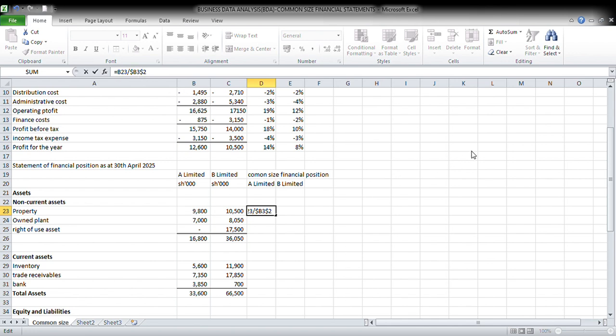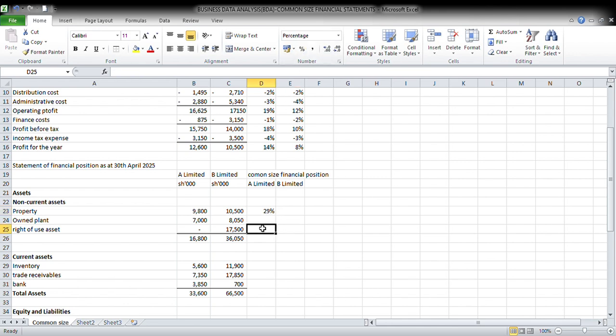Sorry, there's an error. Let's do it again. Equals to this over the total asset item as a percentage.